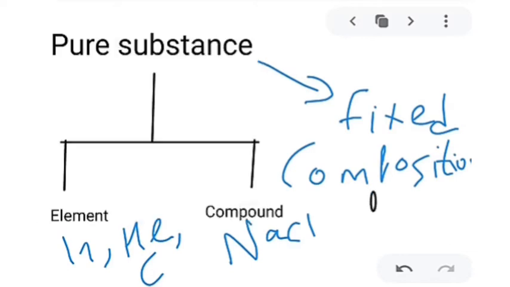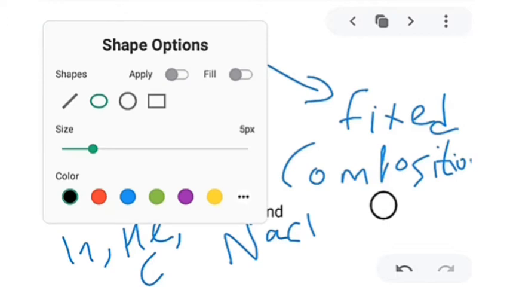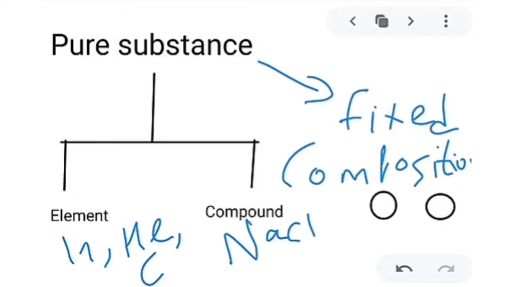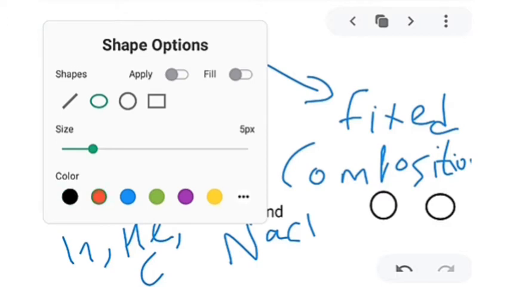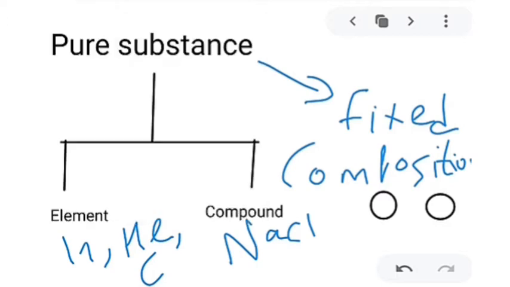See, for example, if this is an oxygen atom, and again this is an oxygen atom, and this one with the red color indicates hydrogen, right? These atoms are connected with each other, and this molecule is always the same in every part of the world. So this is called a compound.